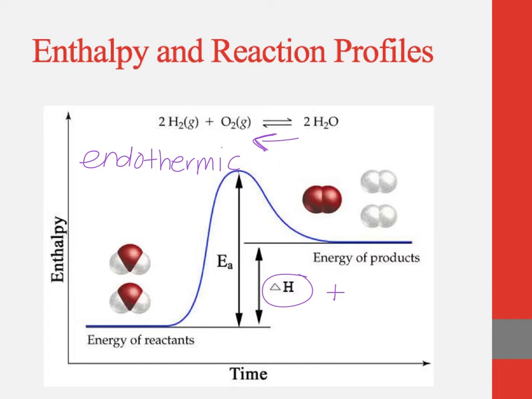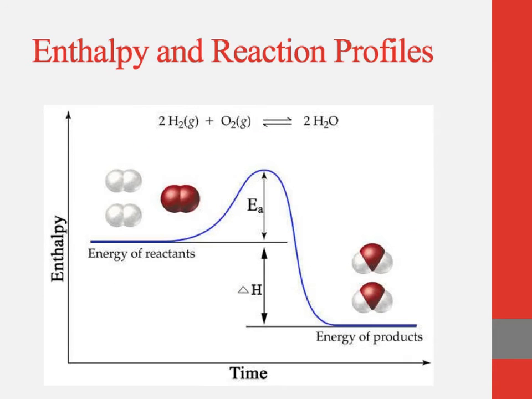And then let's compare it to the next slide. Here we have the opposite. We have the formation of water from hydrogen gas and oxygen gas. And this is an exothermic reaction. We're making bonds.